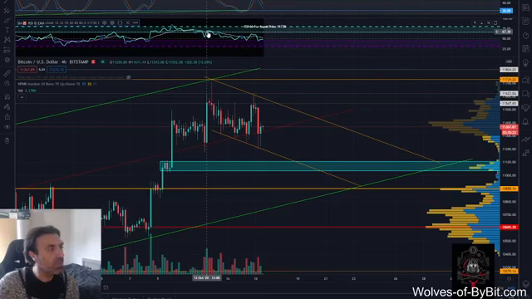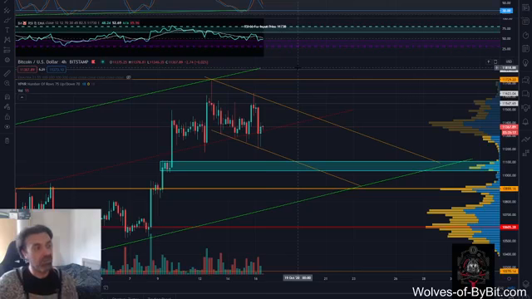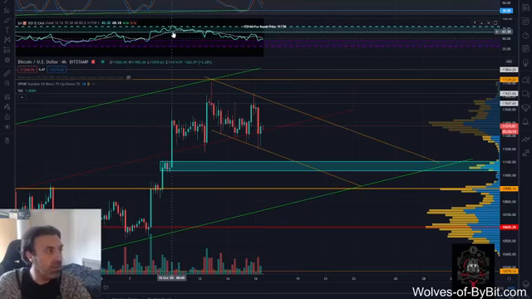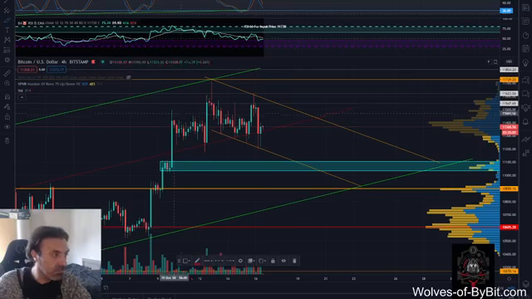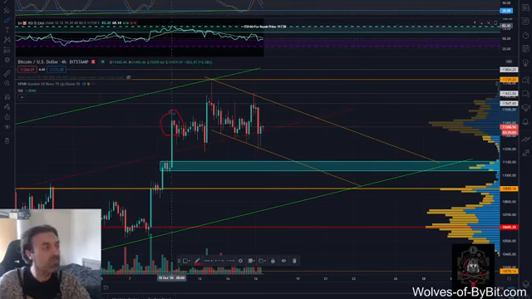But, this is a big but. The 82 RSI is on this area. That's this one.